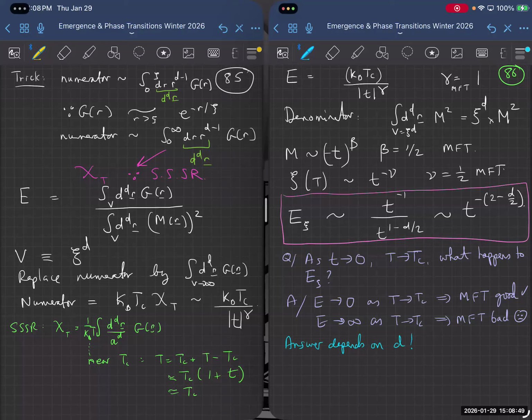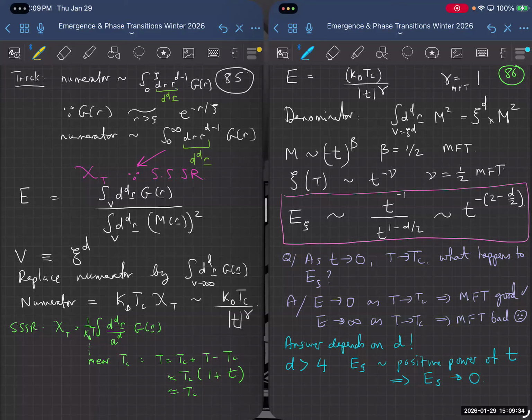So let's have a look at what happens. If d is greater than 4, so 2 minus d over 2, let's suppose d is 6 or something, then I've got 2 minus 6 over 2, so that's 2 minus 3, which is minus 1, and then t to the minus 1 is t to the plus 1. So the answer then, you can see, is that if d is a number greater than 4, then E of psi is scaling like a positive power of little t, and that means that E goes to 0.